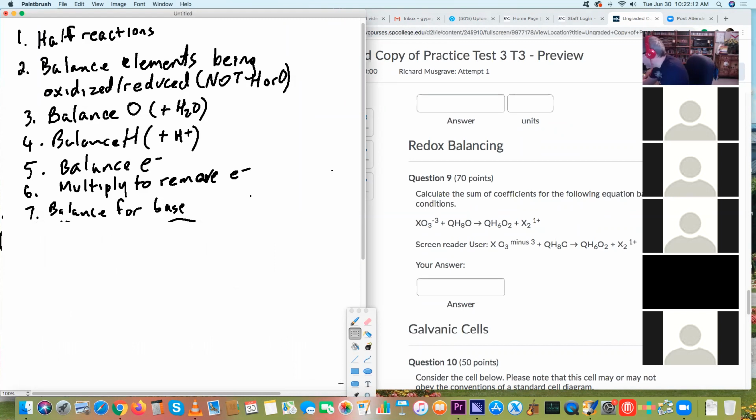So we've got XO3 minus 3, and I'll just do the half reactions first. In this case, it's the X and the Q that are going to be oxidized and reduced.